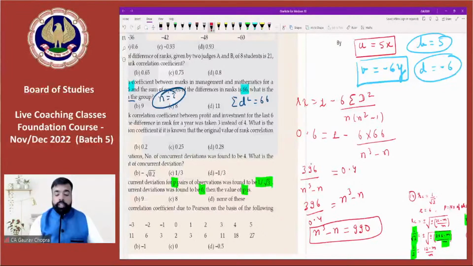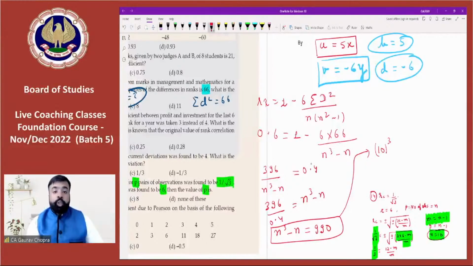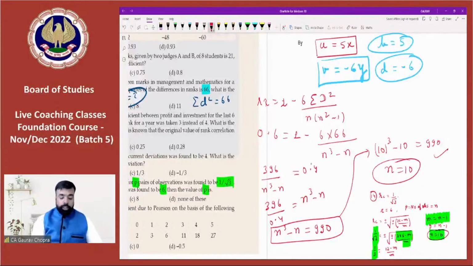This is the equation. Now we can put the options and get the result. So if we put 10 here, 10 cube minus 10, we are getting 990. Therefore, N is equal to 10. So in this manner, we can calculate the value of N. Okay.